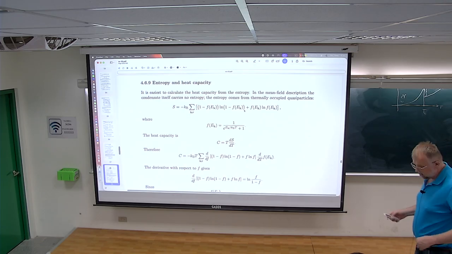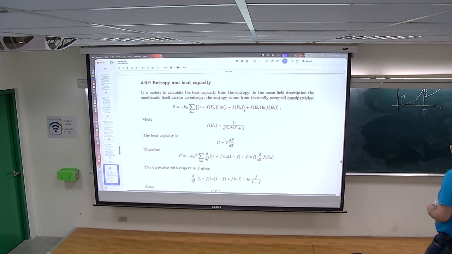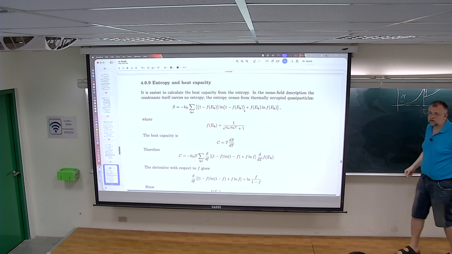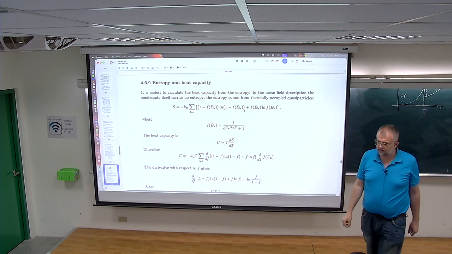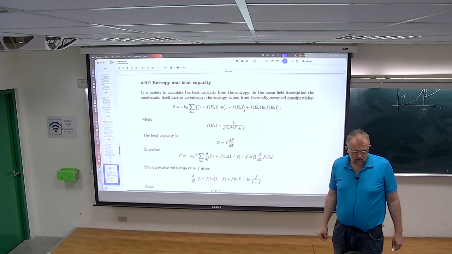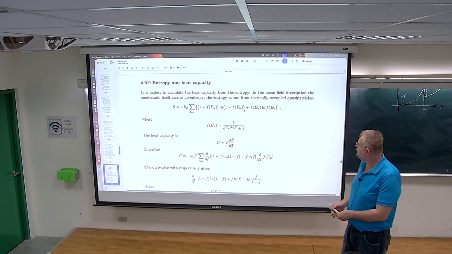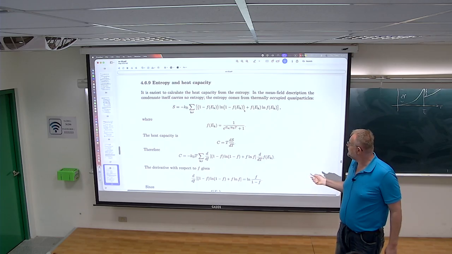Again, just to remind you, the heat capacity C, which I'm going to calculate, is T times the derivative of the entropy with respect to the temperature at fixed magnetic field, with everything else fixed, like volume. So we need to calculate this derivative effectively. The formula for the entropy, if you know the occupation numbers, and if you had the course of statistical physics, we derived there.